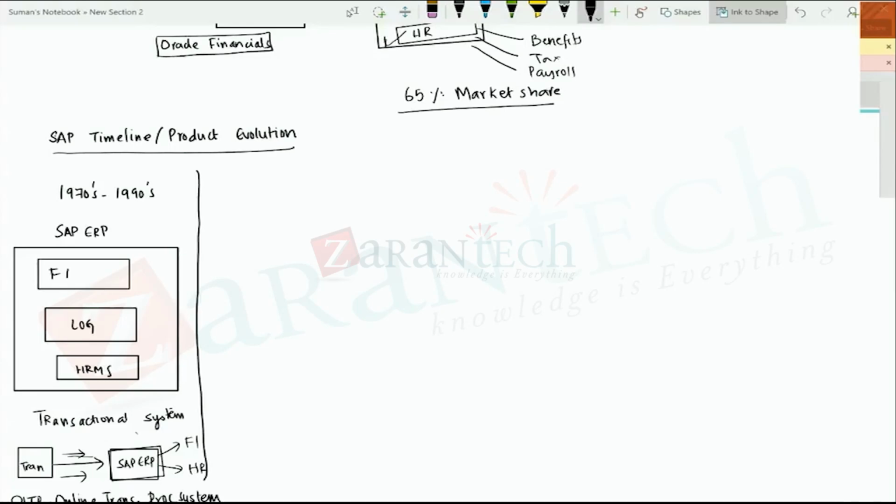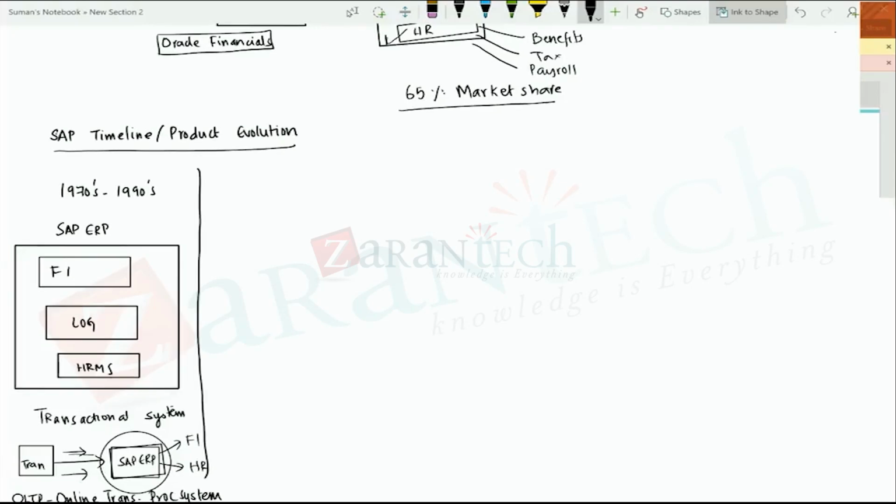That was the idea of an online transaction system. So from the 1970s to about the early 1990s, companies were primarily focused on, as soon as I make a transaction, how do I efficiently capture that information in an ERP solution? They were focused on making sure that you don't lose any transaction that has been captured.